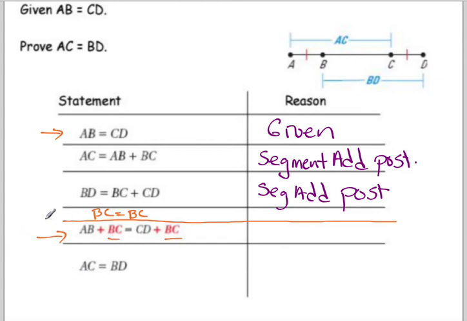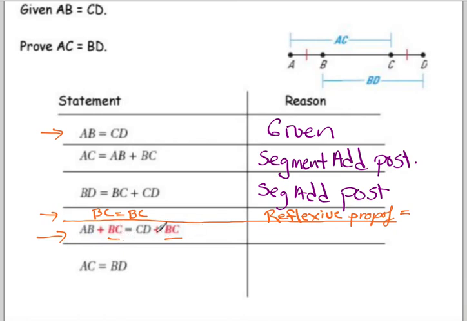And since they're going to do that, I should clarify that BC is equal to itself before I start adding with it. And so since it's an equal sign, it's reflexive property of equality there. And then we can add it to both sides.